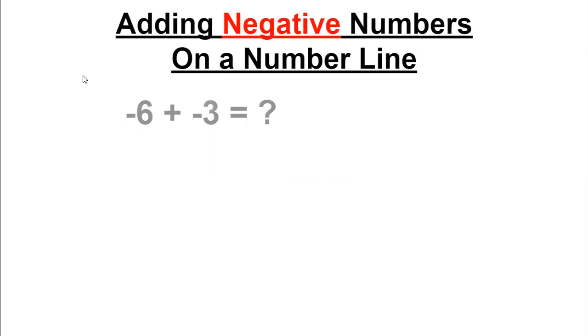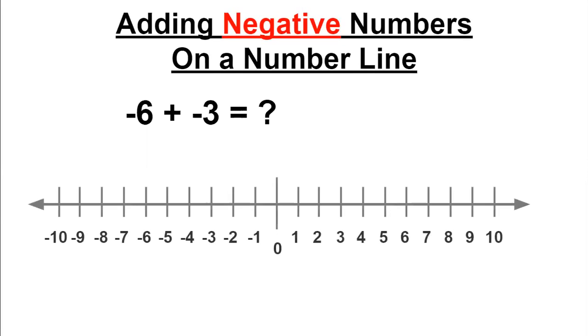Let's try a few more. Now we're going to be adding negative numbers on the number line. So we have a negative 6 plus a negative 3. There's our number line. Which direction am I going to be going with my arrow this time? We have to go negative 6. So whenever we go in the negative direction, we have to go left, right? Now remember, when we add negative 3, we're still going in the left direction.